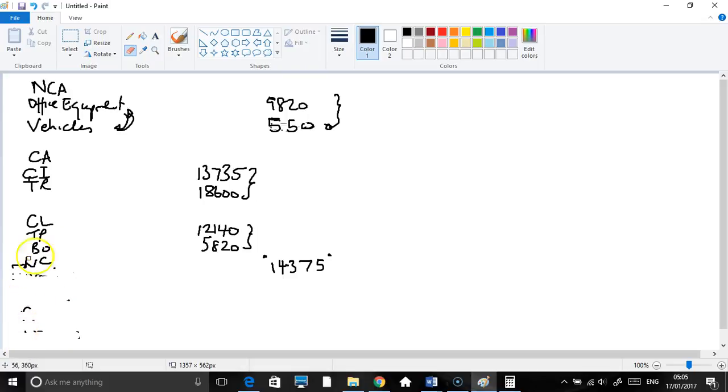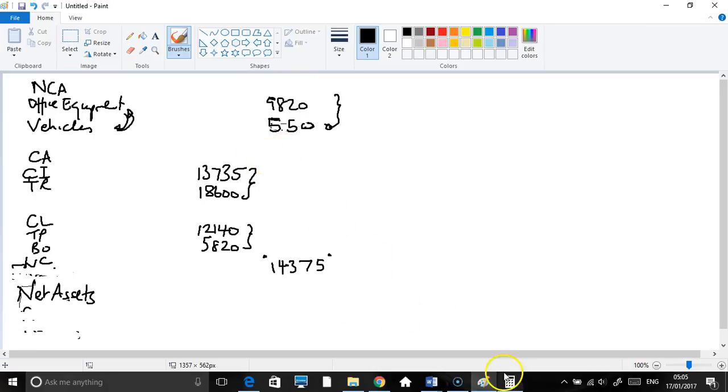So what I should have here is my net assets, which is the 14,375 plus my non-current assets.